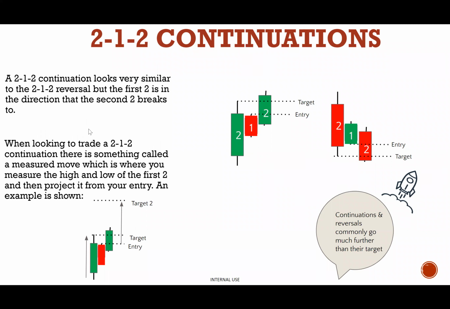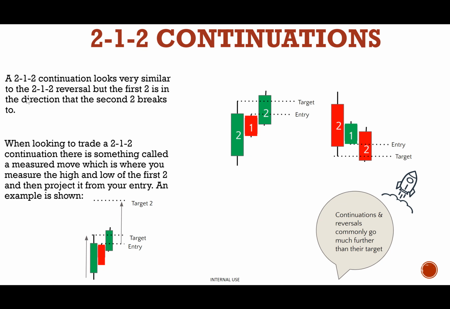A 2-1-2 continuation looks very similar to a 2-1-2 reversal, but the first 2 is in the direction that the second 2 breaks to. I kind of said that earlier. Meaning, I'll read it and then show it to you. Sorry, this is a continuation.